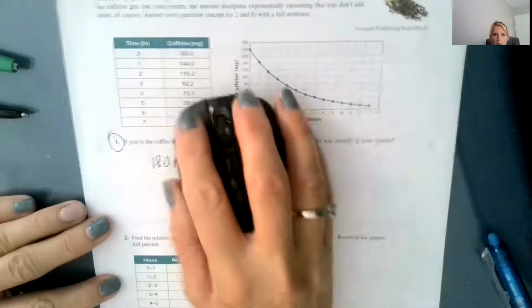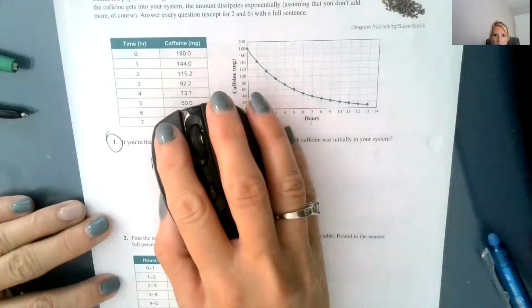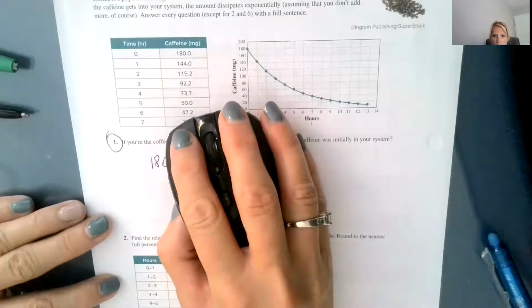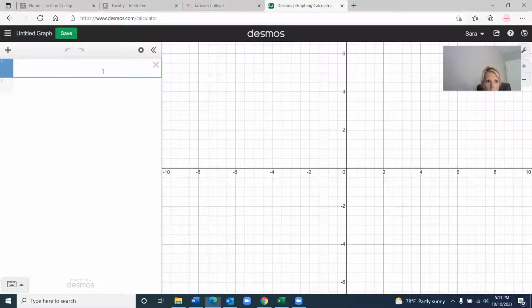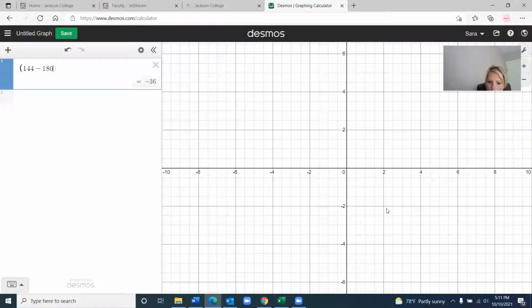So we're going to go to Desmos, if you can have that out and open. We take 144 minus 180 divided by 180. You can see that it's negative, and that's because it's a decrease. So this is a negative 0.20 or a negative 20%.